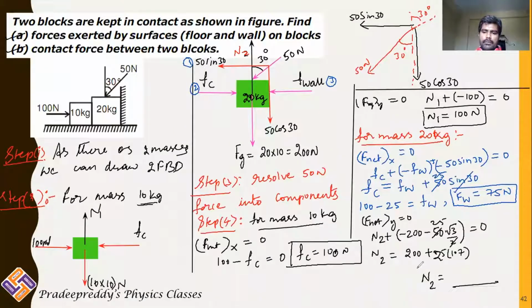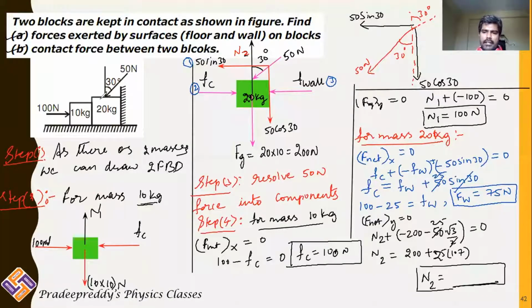So taking that, you will be getting normal reaction N2. So what are unknown forces here? Unknown forces acting on the bodies are contact force. Contact force we have calculated it as 100 Newton. And the next is normal reaction on 10 kg. Normal reaction on 10 kg we have got it as 100 Newton. Next, normal reaction on 20 kg we will be getting it as nearly 240 approximate.